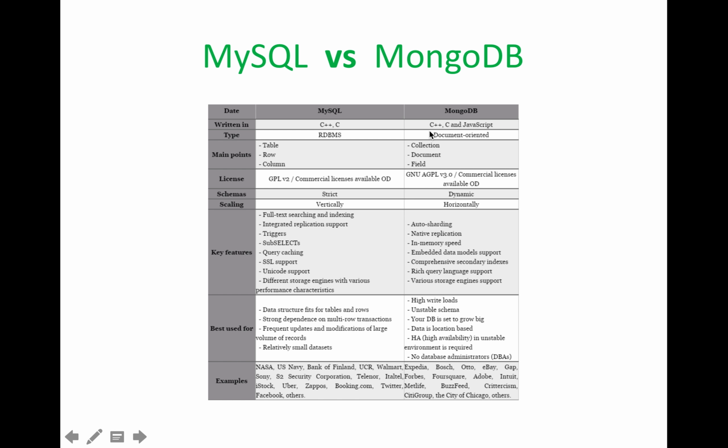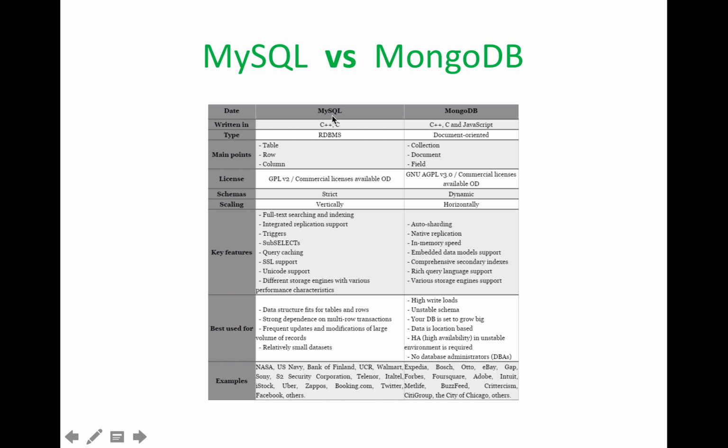MySQL versus MongoDB. MySQL is written in C++ and C, while MongoDB is written in C++, C, and JavaScript. MySQL is an RDBMS, MongoDB is document-oriented.